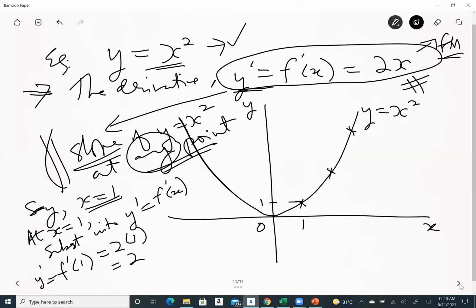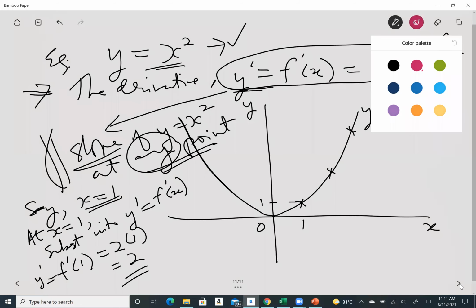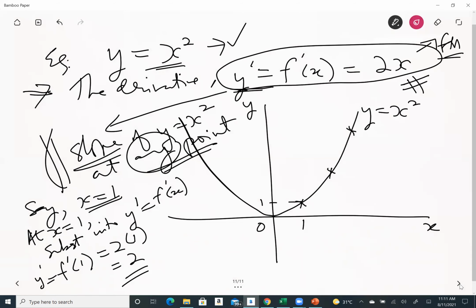So what does it tell you about the slope at that point, x equal to 1? M is equal to 2. The slope is 2. How do you show it? We know the slope is the slope of the straight line tangent to the curve at that point.